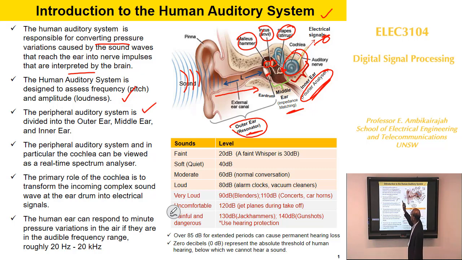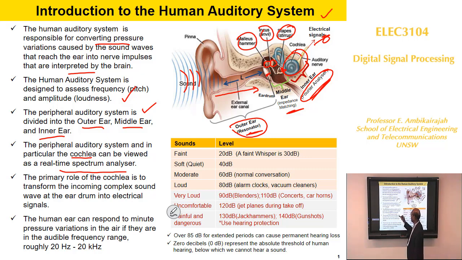The peripheral auditory system is divided into outer ear, middle ear, and inner ear, as I explained to you. The cochlea, the inner ear, can be viewed as a real-time spectrum analyzer. Basically, it's many filters there.